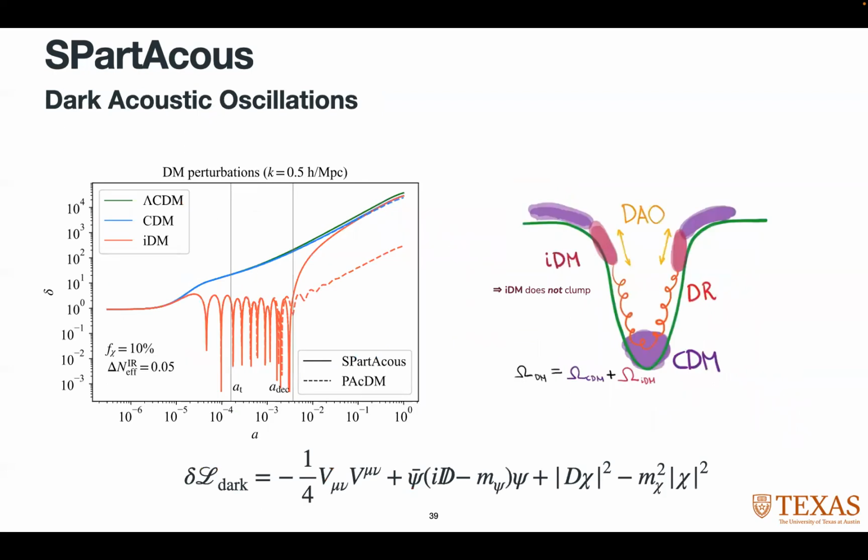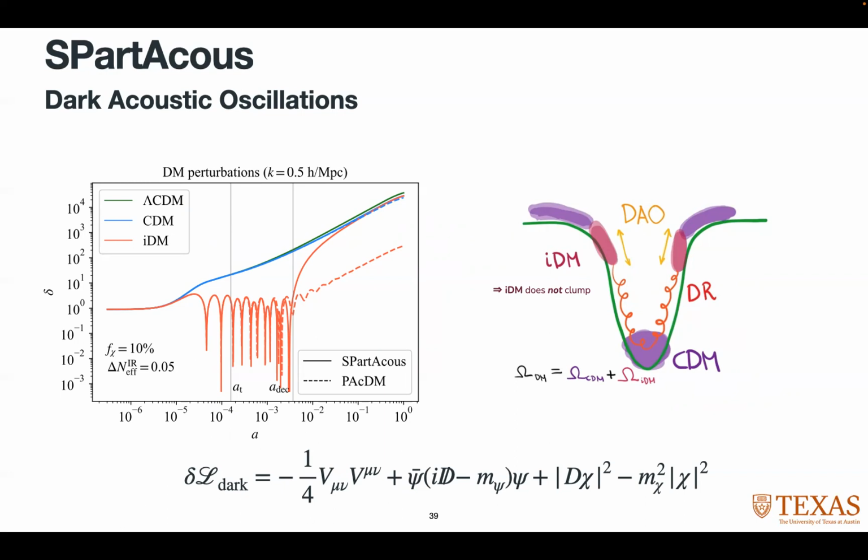And this is actually what happens when comparing to PAcDM. This is the actual baryon density. This green line shows the ΛCDM line, which means there is no interacting dark matter. And the blue and red lines correspond to the cold dark matter and this interacting dark matter. And this dashed line is the cold dark matter and interacting dark matter, PAcDM.